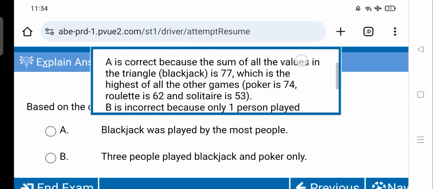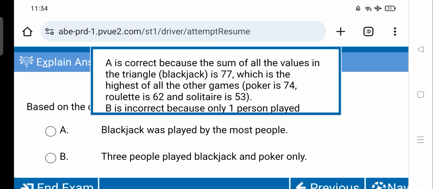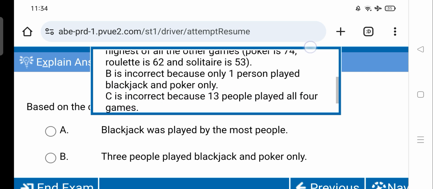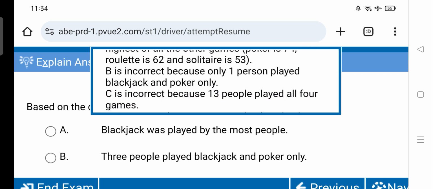A is correct because the sum of all the values in the triangle is 77, which is the highest of all the other games. Poker is 74, roulette is 62, and solitaire is 53. And B is incorrect because only one person played blackjack and poker only.